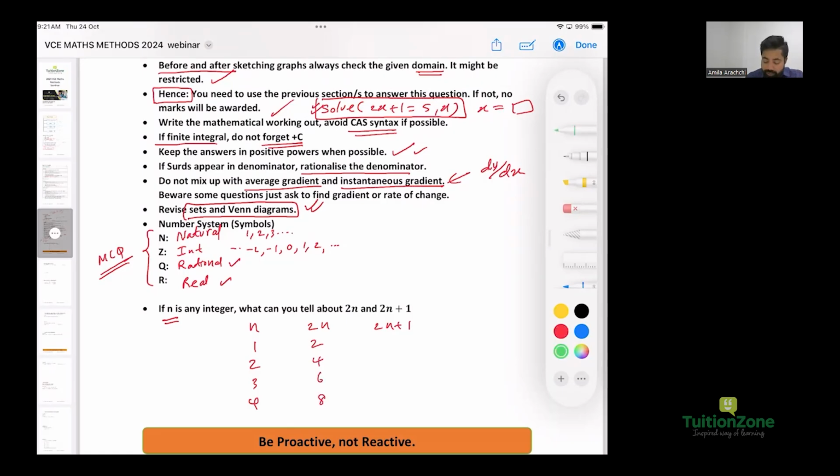Can you see all these answers? They become even. It doesn't matter what the n value is. If you find 2n, it's always even. Likewise, 2n plus 1 gives odd numbers. So that's the way to write it. n can be any number. 2n is always even. 2n plus 1 is odd.